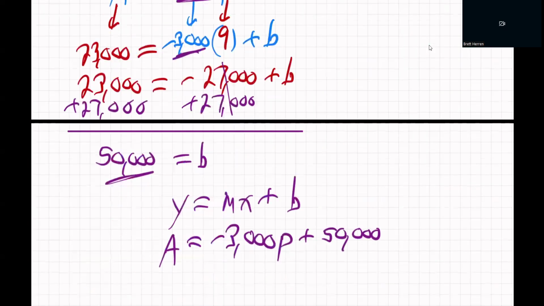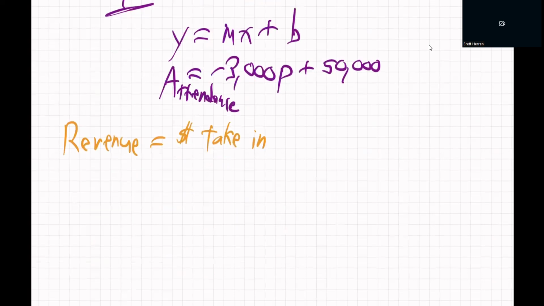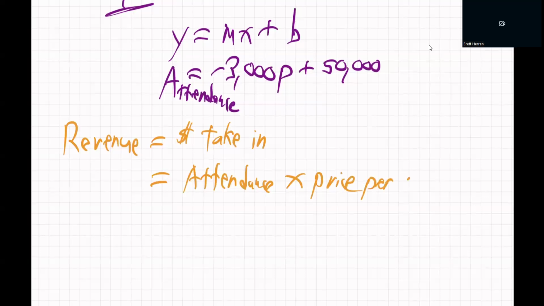Revenue, so we got attendance, right? This is attendance. What's revenue for a company? Revenue is the amount of money they take in, dollars that they take in, all the money they take in. Well, how's that? That's going to be however many people come to a game, the attendance, times the price per person.